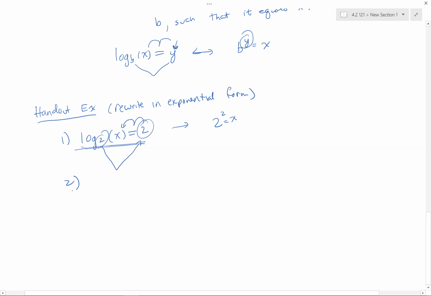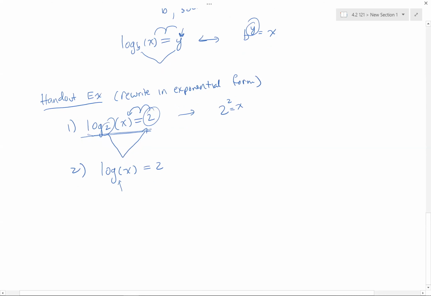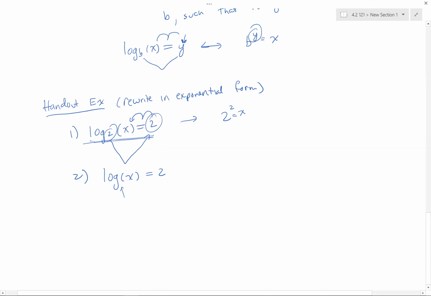Let's look at the next one. Log of x is equal to 2. This is basically the same idea, but now you don't see a base here, right? There's no base. Remember what we talked about before? If there's no base, we assume that the base is 10.